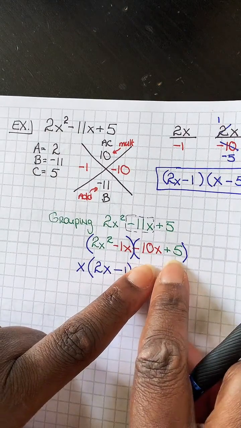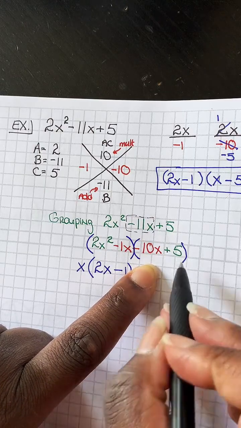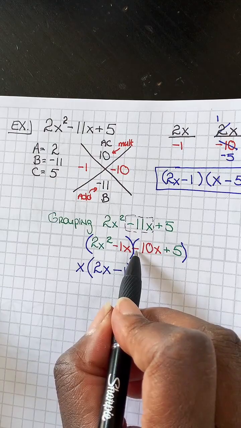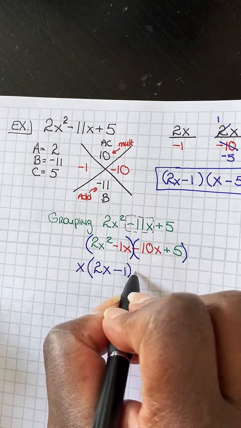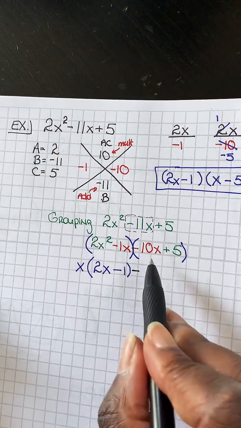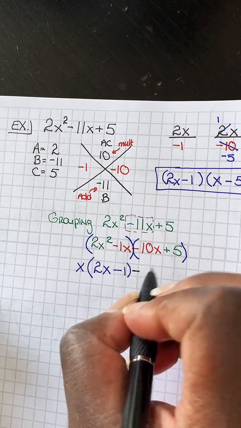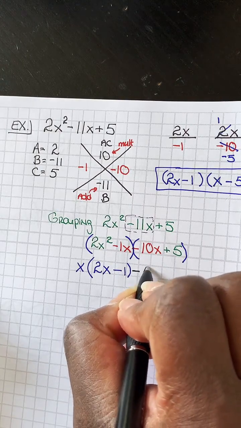So now you need to find the GCF of the second parenthesis. Since my leading coefficient is negative, I'm going to pull out the negative. What do 10 and 5 have in common? It's going to be 5.